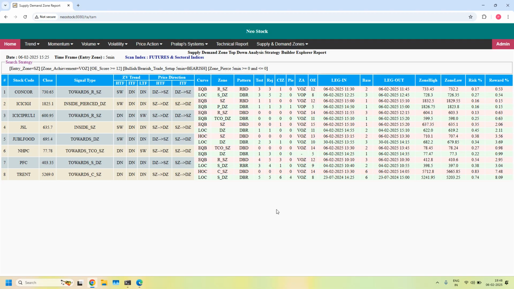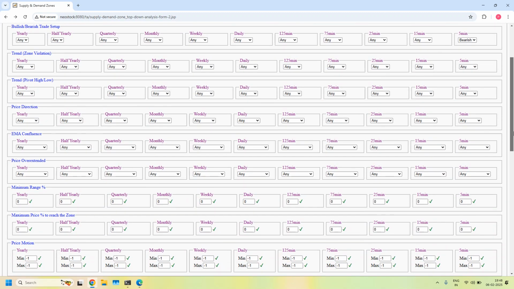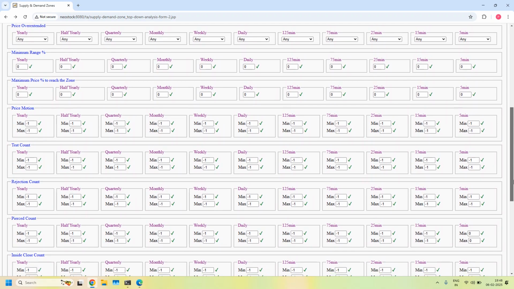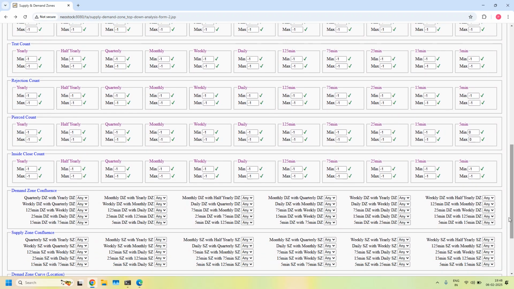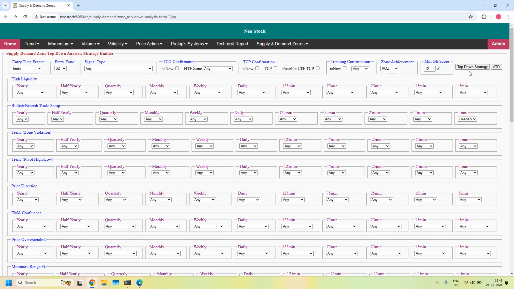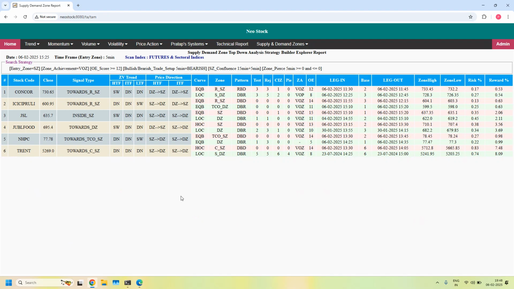Apart from that, we will also further filter these zones based on the zone confluence. First filter is LTF and ITF supply zone confluence. That is 5 minutes and 15 minutes supply zone confluence. So I am enabling that filter. With this filter, the list has come down to 6.